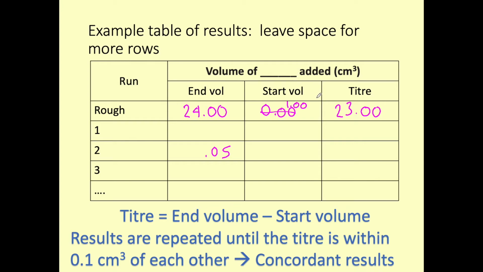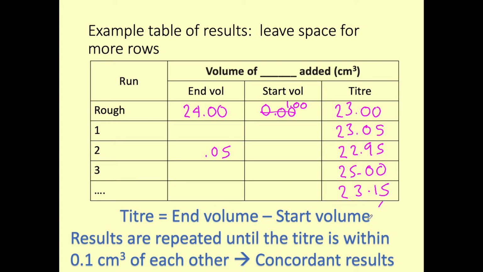And what we can then do is, with our titer values, we use our concordant results. So let's say we had another titer at 23.05 and another one at 22.95 and then 25.00 and 23.15.